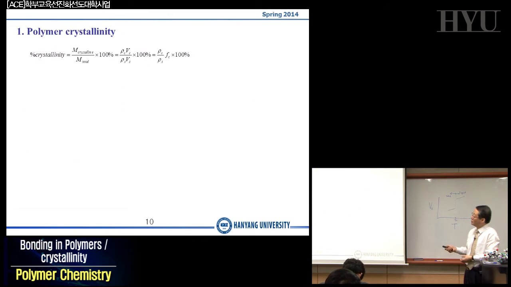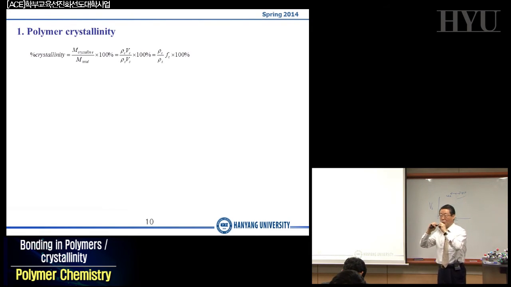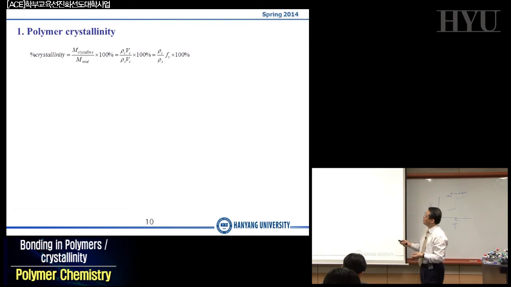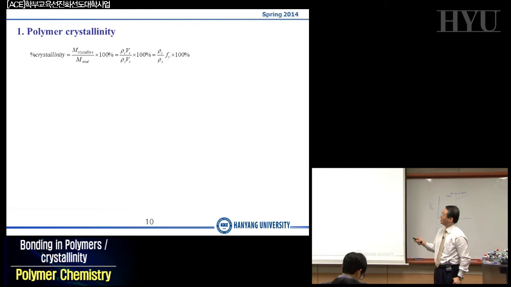Because crystallinity is defined as the mass of the crystals in the total system divided by the total mass, which is defined as the percent crystallinity, and you can calculate this.